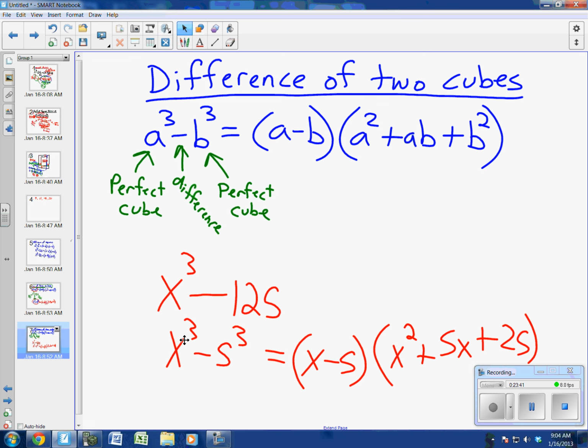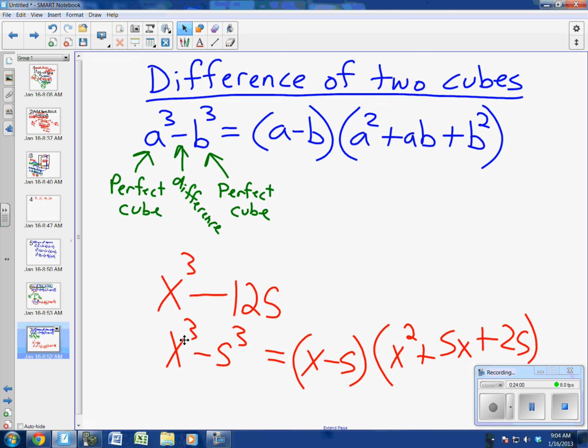This is called a difference of two cubes, or a difference of cubes, okay? I have written on your assignment, right at the top, the formulas for you, so you can just refer to them there.